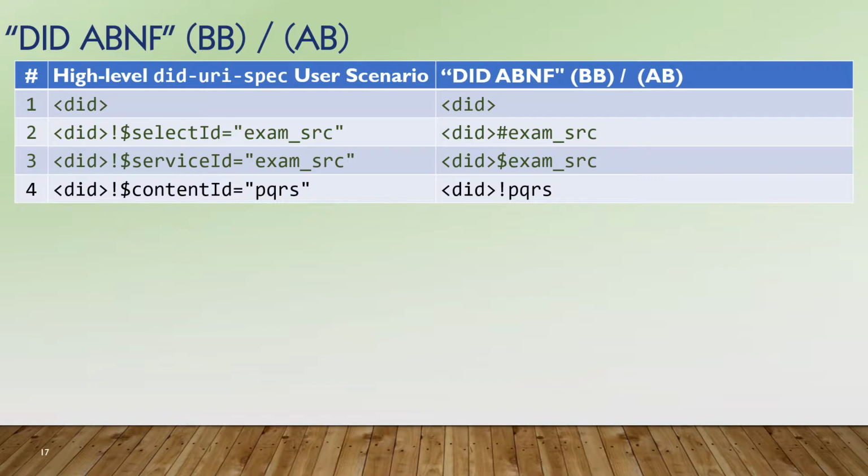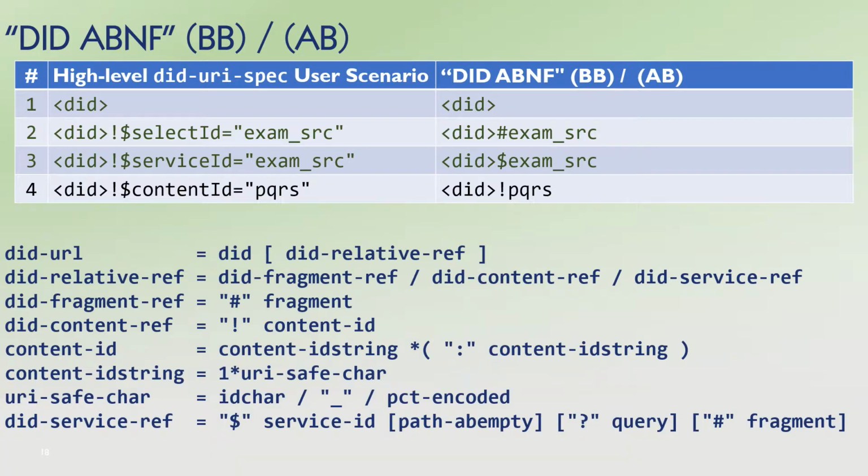And you have to remember that that's the semantics associated with PQRS. And then lastly, here's a fragment of the did ABNF specification, the after Barcelona version, that shows you the pound sign, the exclamation, and the dollar dereferencing characters.